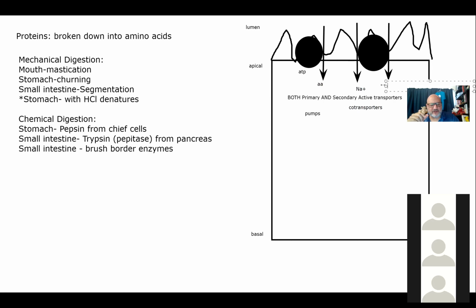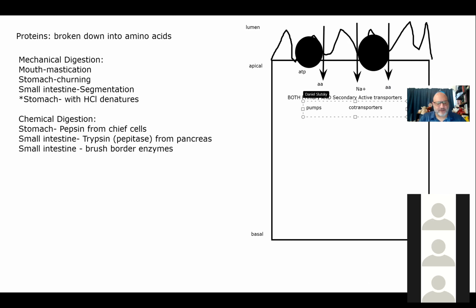And remember, as we talked about in the last class, if we are going to use these co-transporters, then at some point we have to pump that sodium back out so that we can maintain that concentration gradient so it continues to want to do work. So we have all these ATP using processes, both directly and indirectly using ATP, because if there are amino acids in that lumen, we want to get them out of that lumen and into the cell.